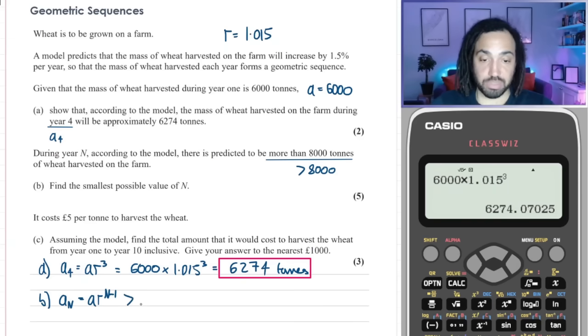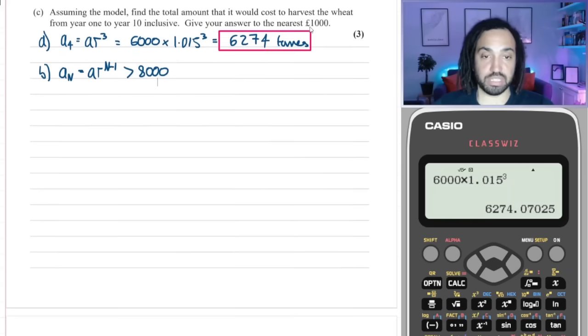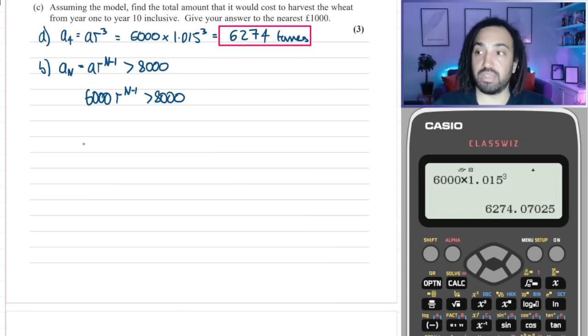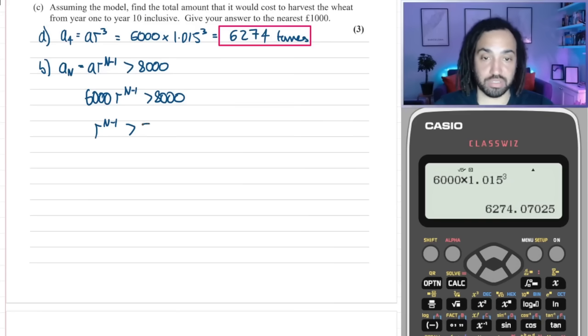And we want that to be greater than 8,000. Okay, fine, let's solve that equation then. So a was 6,000, r to the n minus 1 greater than 8,000. Okay, so let's then divide by 6,000 on both sides, and 8,000 divided by 6,000 is 4 over 3.